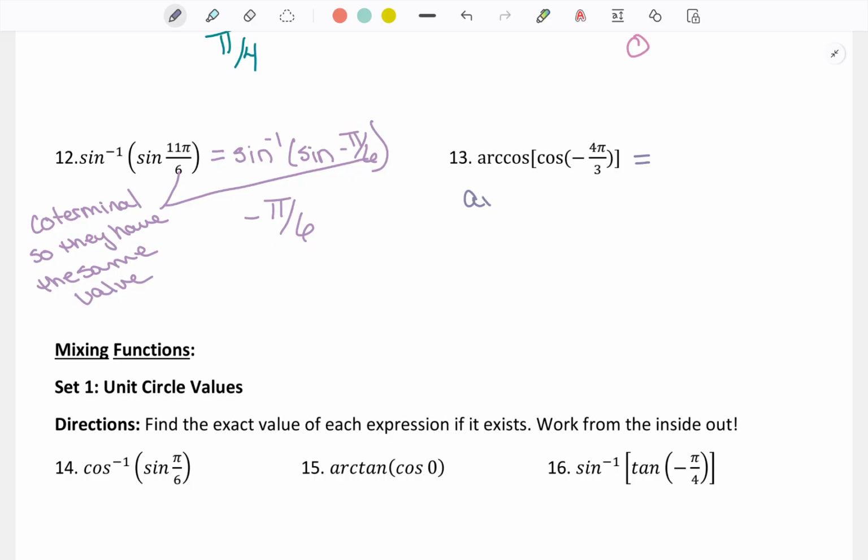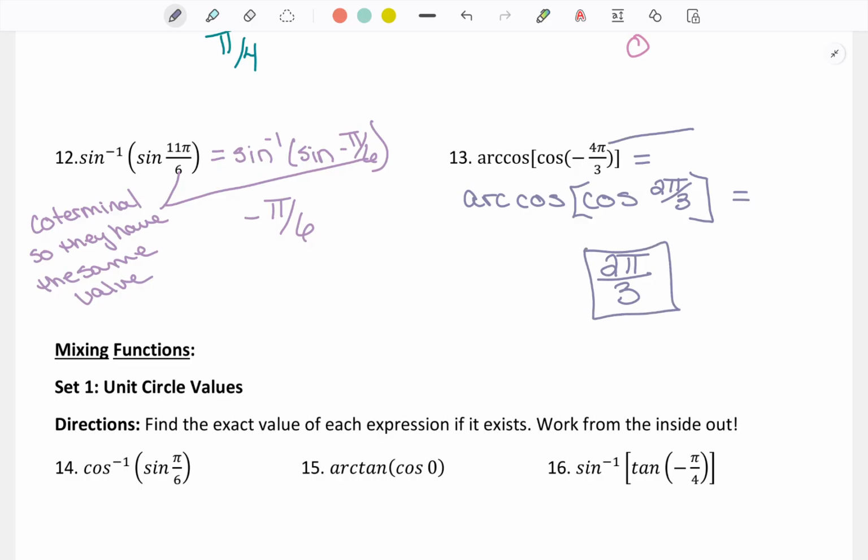So we could rewrite this as the arc cosine of the cosine of 2 pi over 3. And so that gives us 2 pi over 3. And again, these are coterminal, so they wind up being the exact same value.